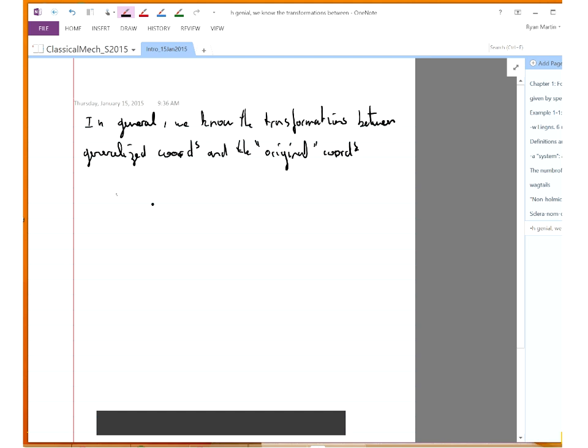So that means, for example, we would know x1, we would know how it depends on q1 through q3n minus k, and potentially t. Right? So x1 would be the particle 1.